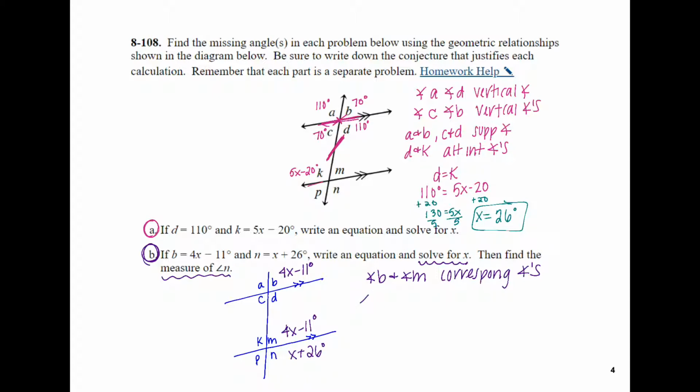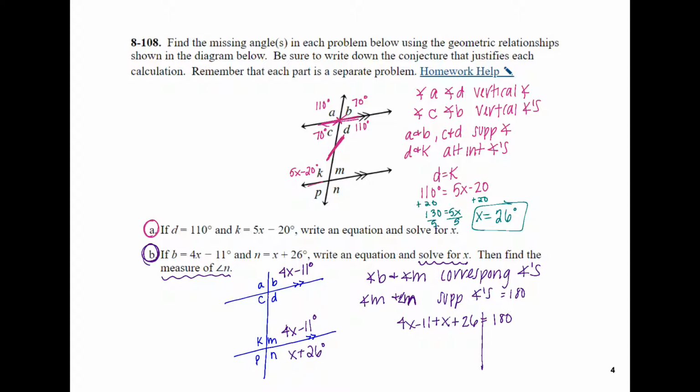I then know that angle N and angle M are supplementary angles, so they equal 180 degrees. So I can set up my equation, 4x minus 11 plus x plus 26 equals 180.